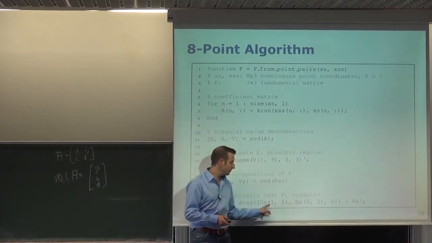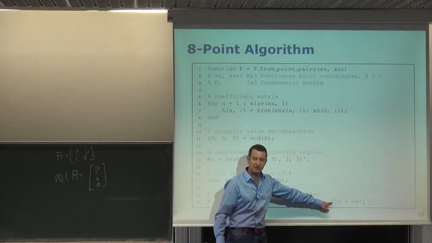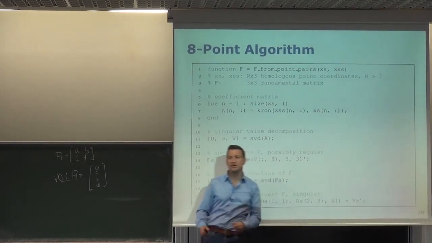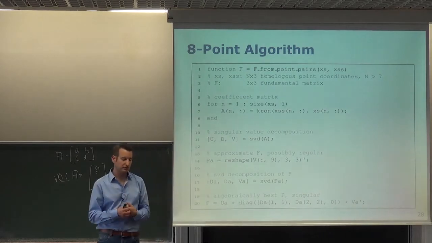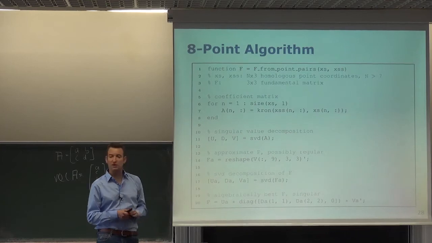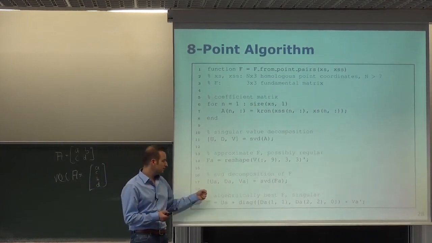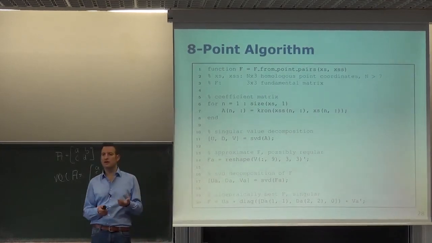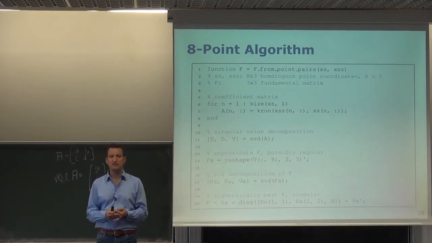Take the 2 singular values, set the third one to 0, and then multiply with V transposed. With this approach, I obtained enforcing of the constraint that the fundamental matrix has rank 2.